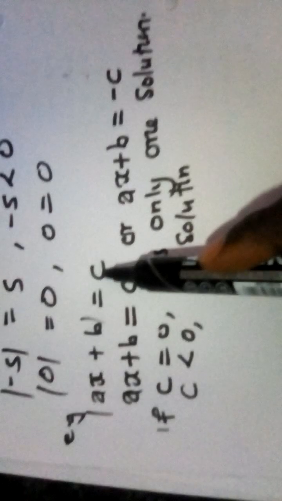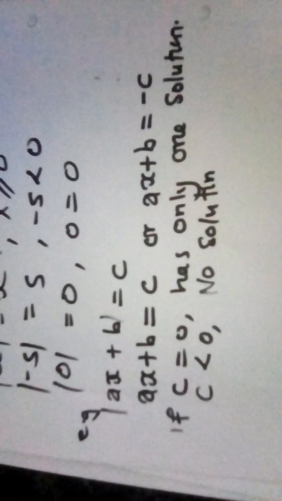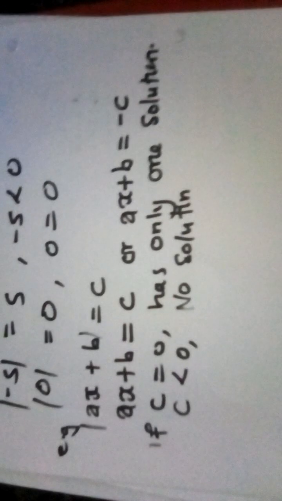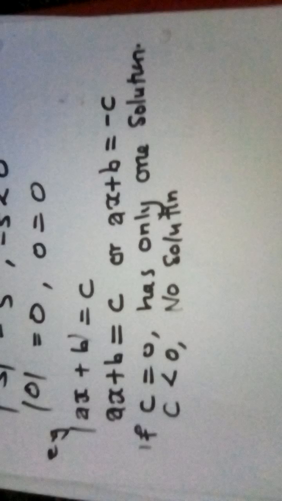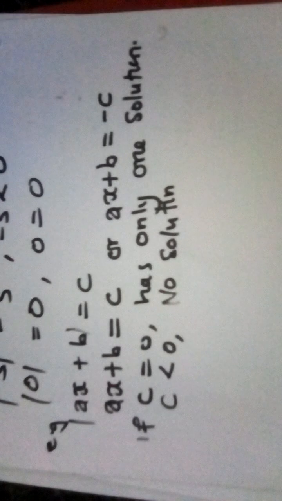So whenever you come across a modulus equation where c is less than 0, just know that there is no solution to that equation. Don't even waste your time starting to solve. Basically, there is no solution. Now let's look at some examples and see how we can apply this concept.